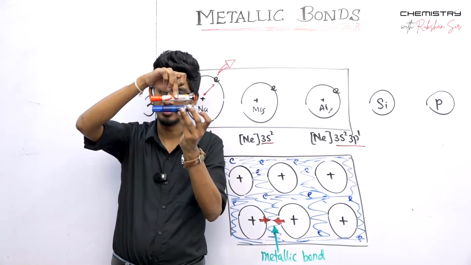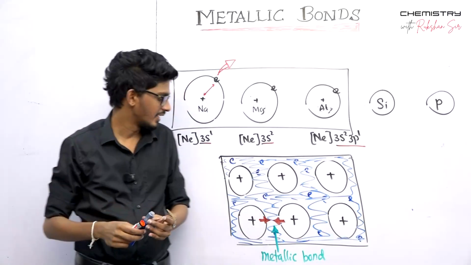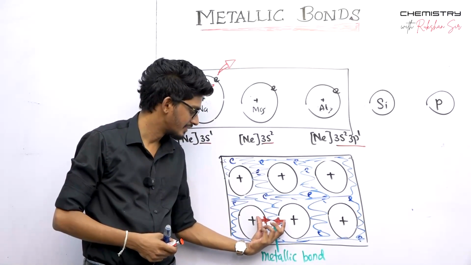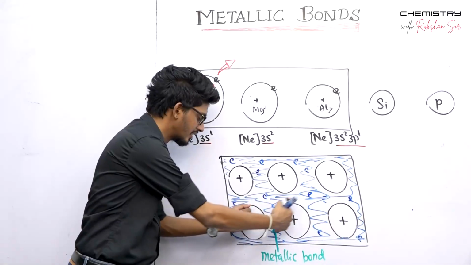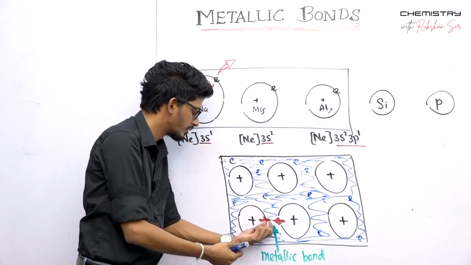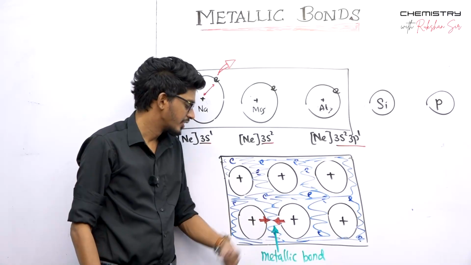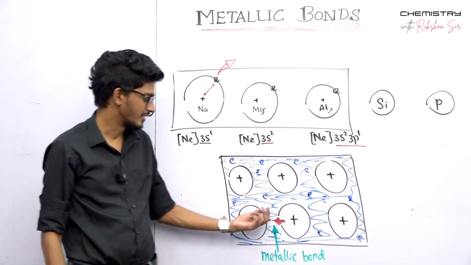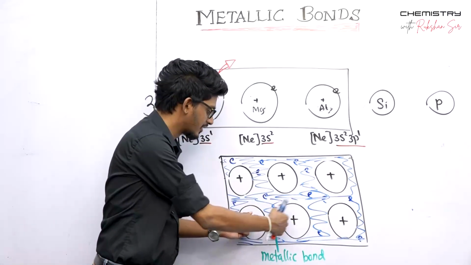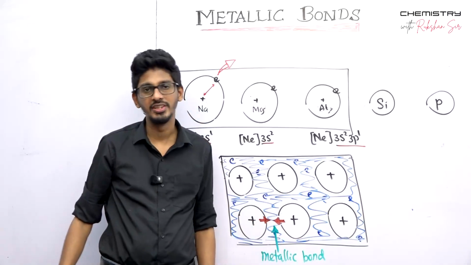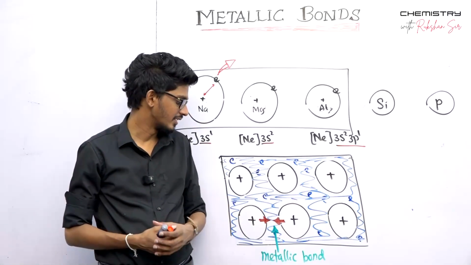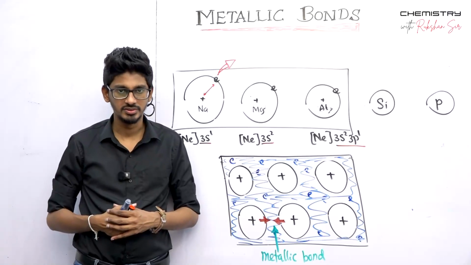The idea is the same here: the two masses are connected via a glue-like sea of electrons. Both masses are connected to that, so they stick together. That is how a metallic bond is formed.